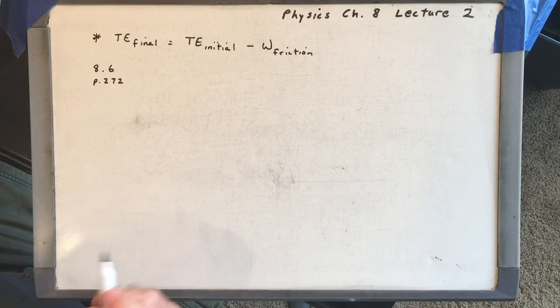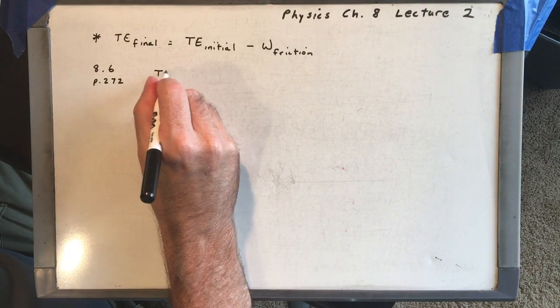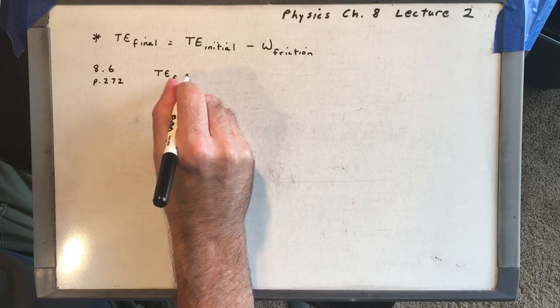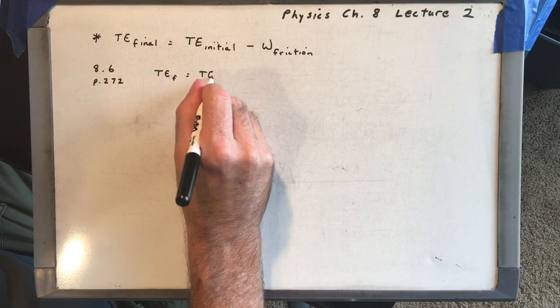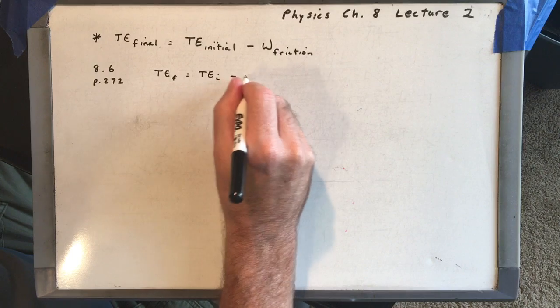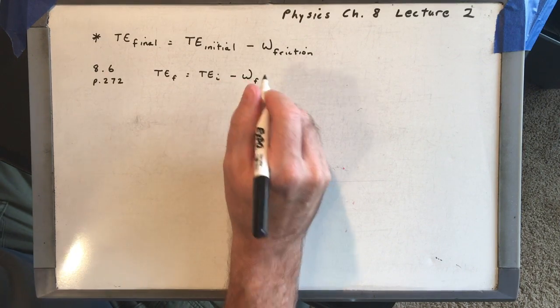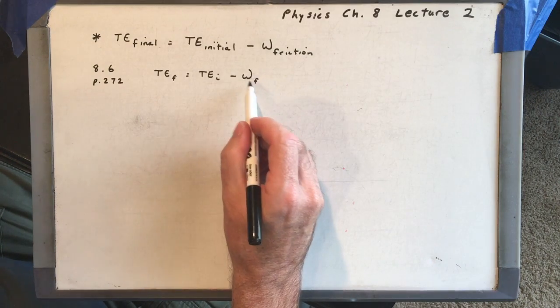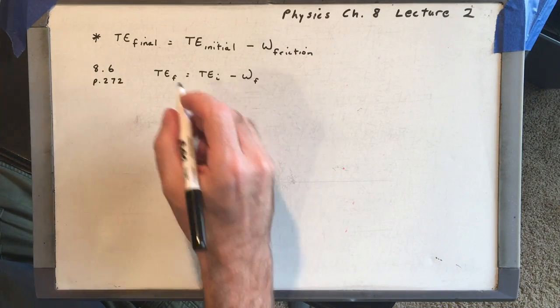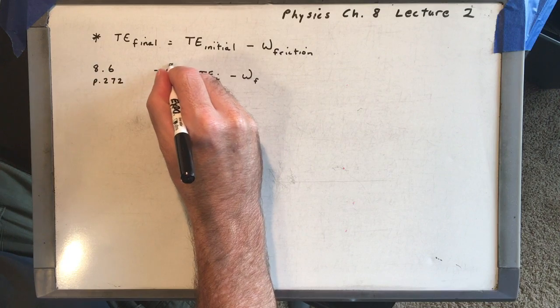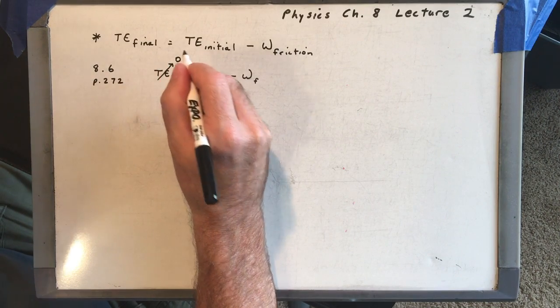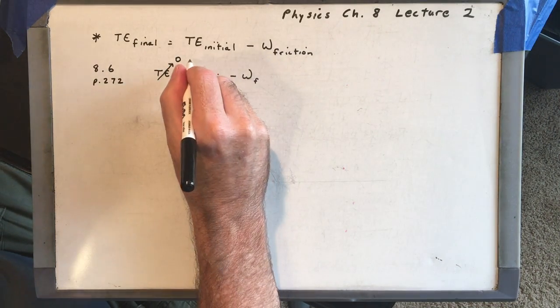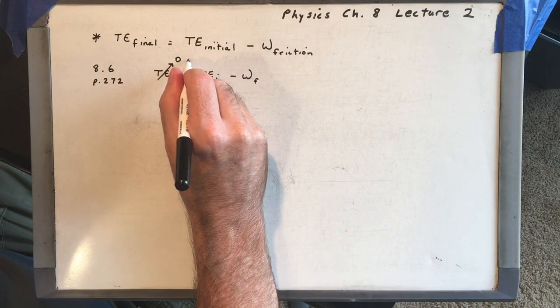All right, so let's start with this equation. Total energy final is equal to total energy initial minus the work done by friction. So we're trying to just solve for work done by friction. Now the final energy is 0 because it stops moving and there's no height, right?